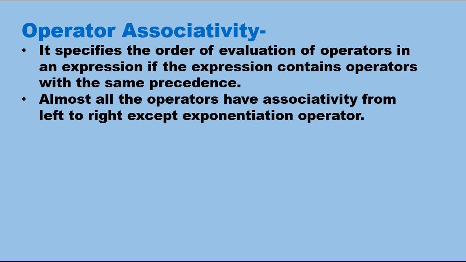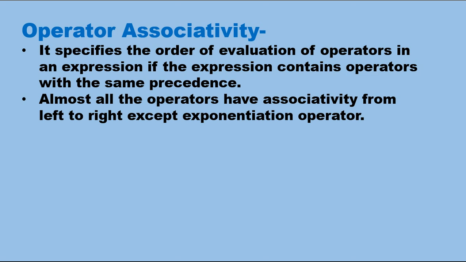But sometimes it happens that the expression involves operators of the same precedence. Then how to decide which operator has to be executed first? This is decided with the help of a term that is known as operator associativity.